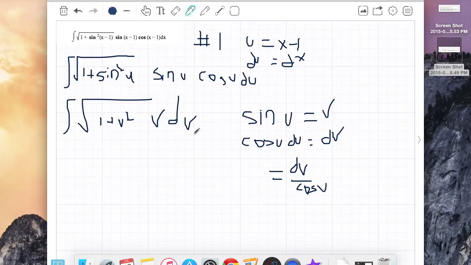So now we have this new question, and we can substitute again. Let's say 1 plus v squared equals this new variable w.